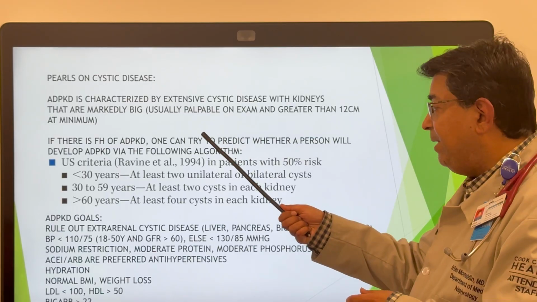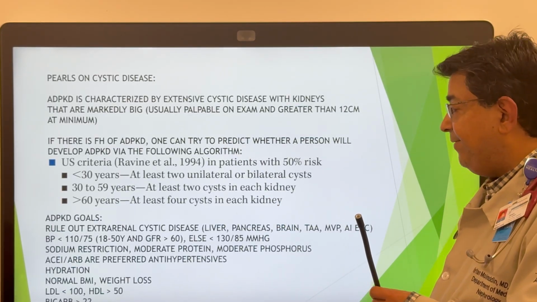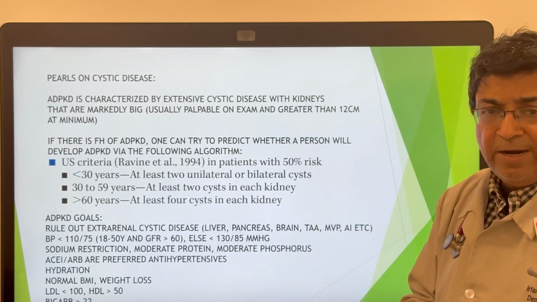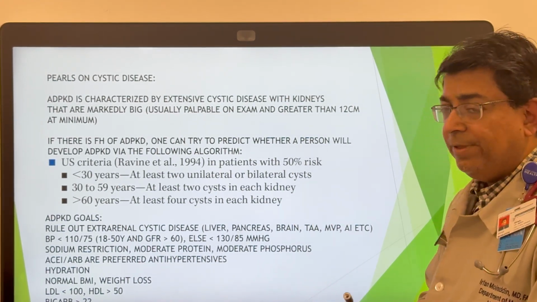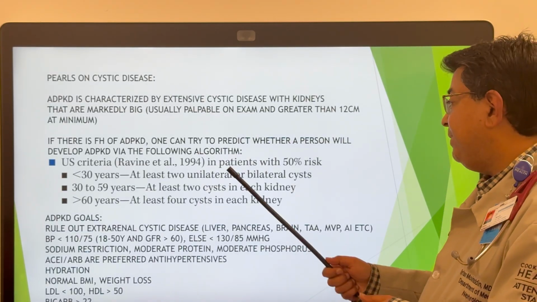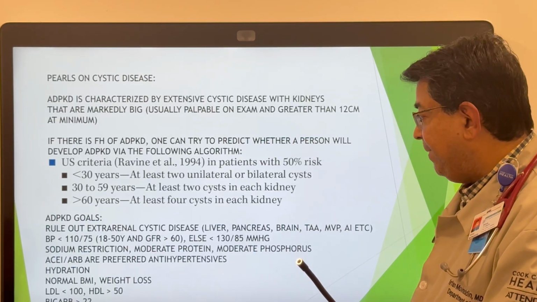If they have a family history of ADPKD but don't currently have any signs, like a normal ultrasound, normal GFR, and no other signs and symptoms, you should use ultrasound criteria to determine if they are at risk for ADPKD.